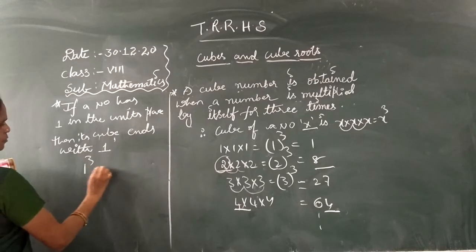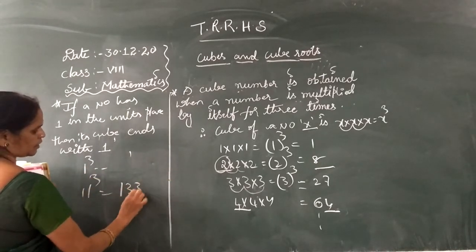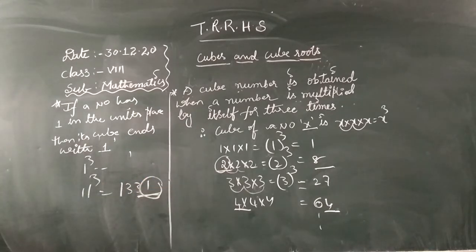See, 1 cube is equal to 1. Now only I said 11 cube, that is 1331. So it ends with 1. Right? In the same way, you have to do all the problems.